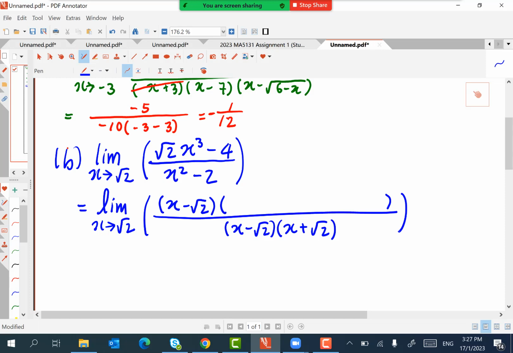Okay, well, this will be root 2 x squared minus root 2 will be plus 2 root 2, 2x squared plus 2x. Okay, you want to check my factorization? I could be wrong.